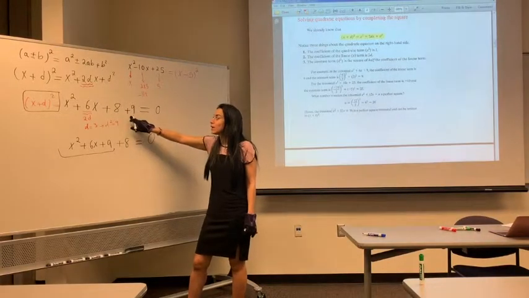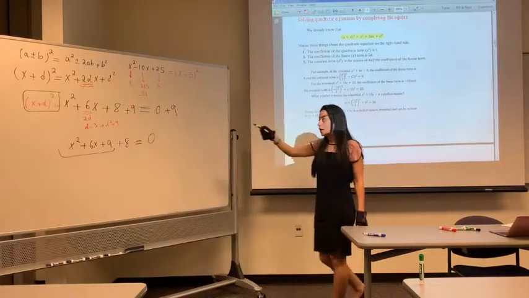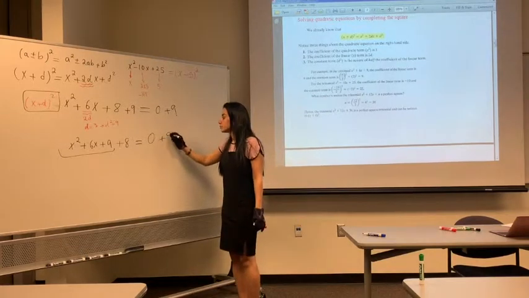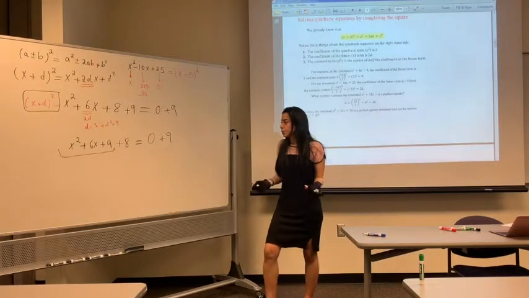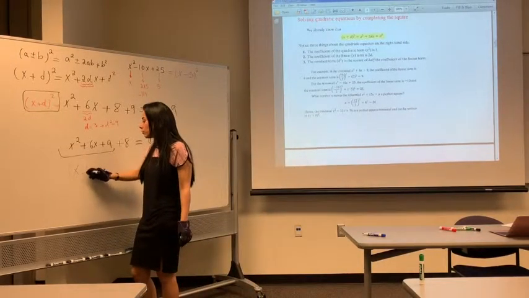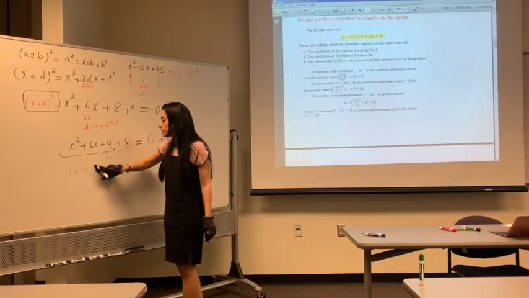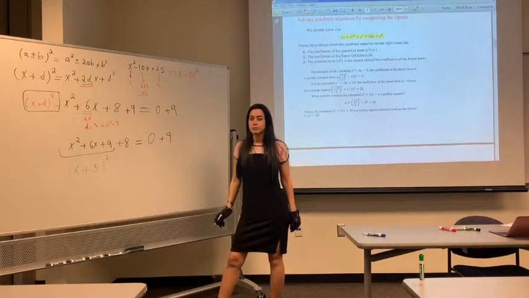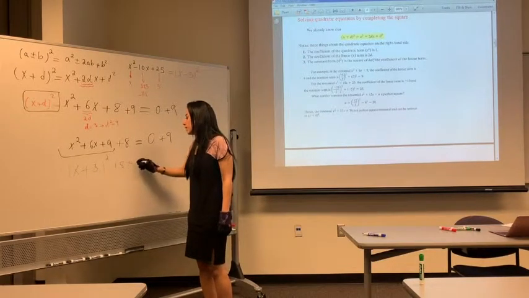So if you add 9 to this side, you have to add 9 to the other side and keep it like this. So now this one becomes (x plus d), and you know d is 3, correct? And then let's keep the other numbers that we have everywhere.